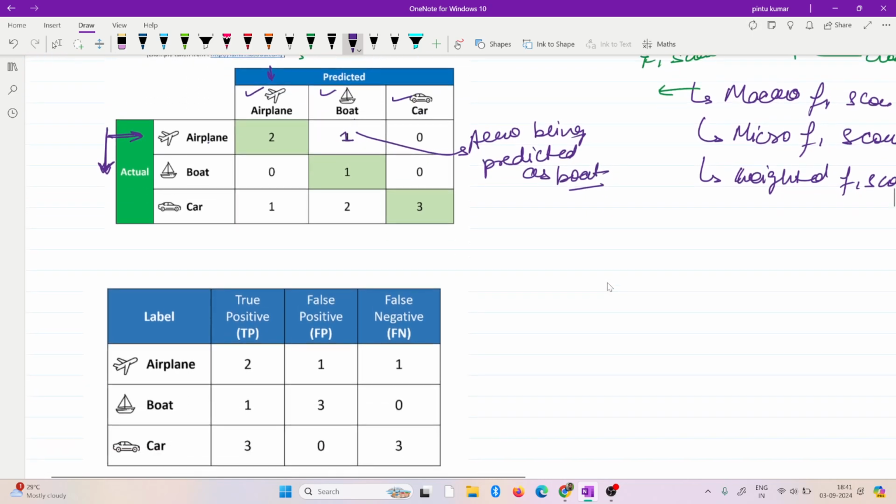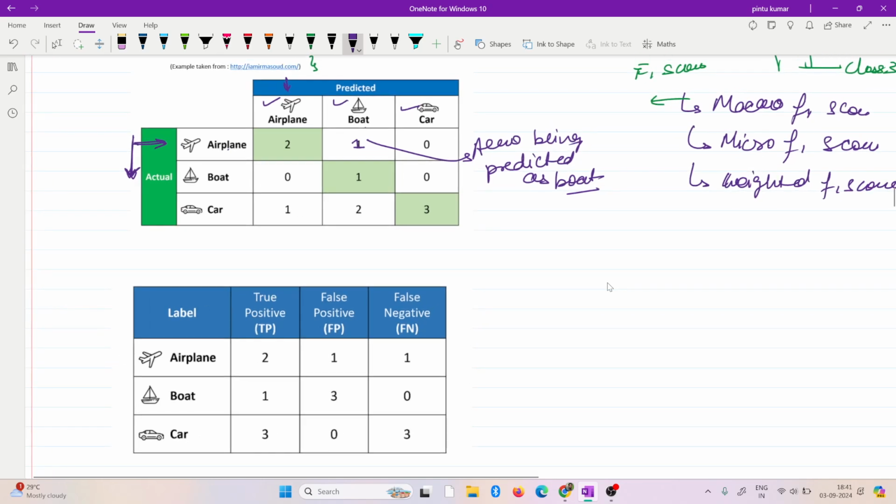Let's look at how you can create the confusion matrix for this. So this is the confusion matrix for the data given here. Let's look at it one by one. For aeroplane, what is a true positive? True positives are points which are actually positive and also predicted to be positive.